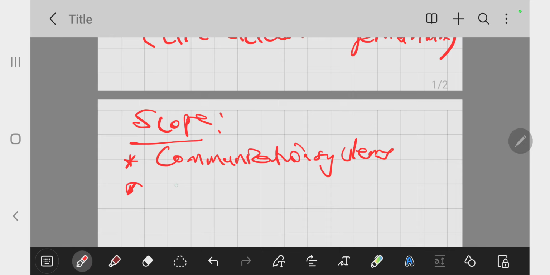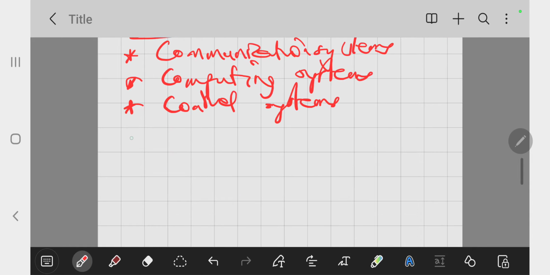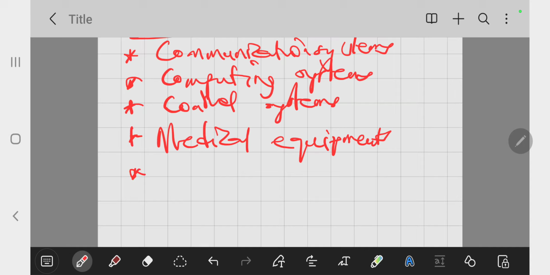We can also find it in computing systems, and we can also find electronics in control systems, and then number 4, we find it in medical equipment. Then lastly we have what is known as power electronics.